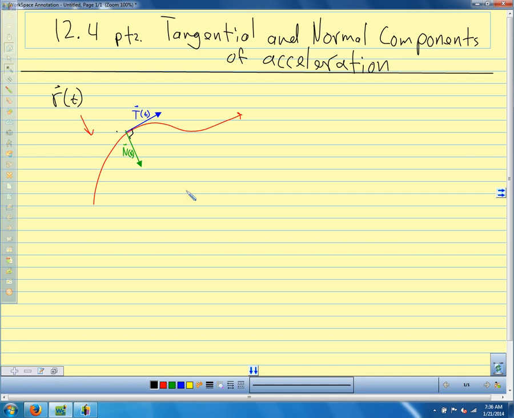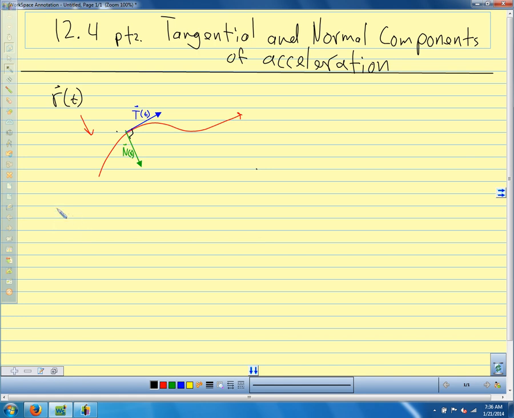So we want to break our acceleration into those two components. All right, and we're going to use our unit tangent vector and our unit normal vector that we talked about last time to come up with this way of describing acceleration.